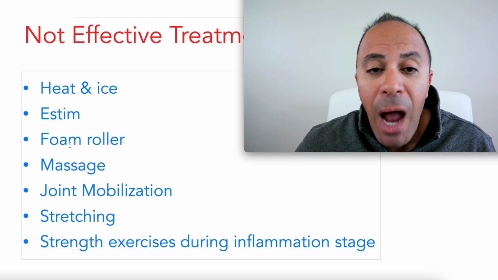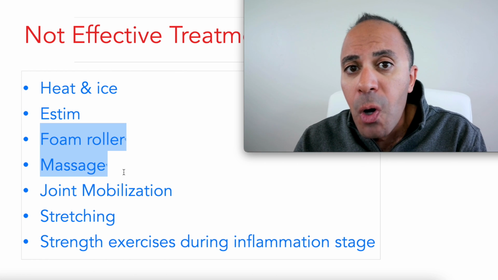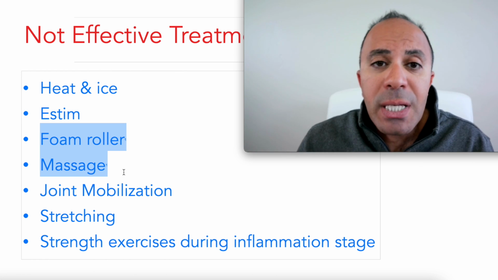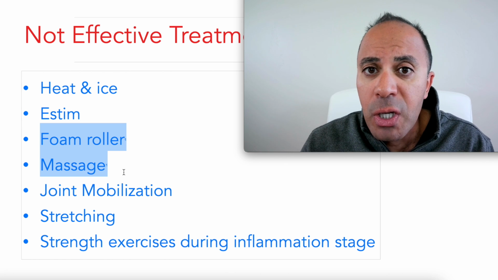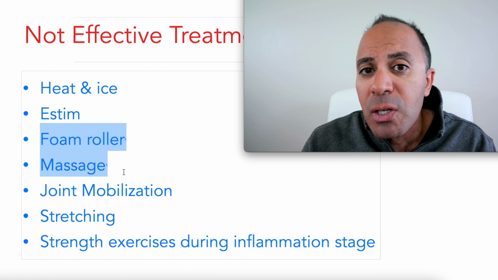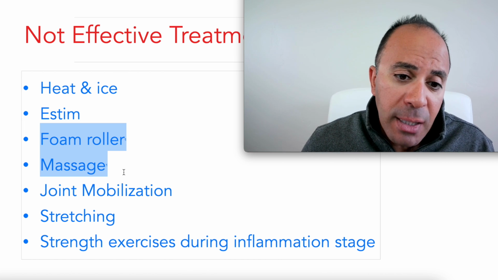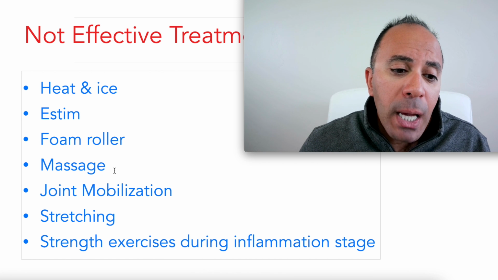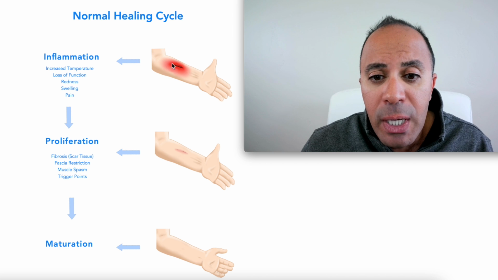The other thing commonly used is foam roller and massage, and I'm going to combine those because, based on the studies, they do not provide long-term pain reduction. When I go over the fascia system, it will make sense why this treatment is not effective. But think about it this way: you have an inflamed knee, you have inflamed tissue internally.